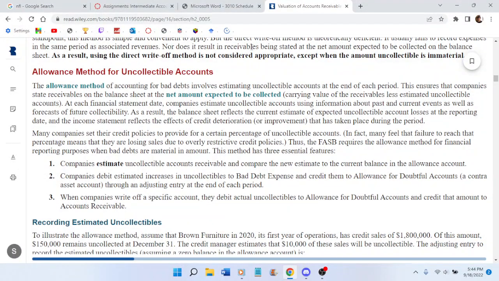Yes, I remember doing that. They basically just estimate how much they will not be able to collect. Estimate uncollectible accounts at the end of each period. This ensures that they state receivables on the balance sheet at the net amount expected to be collected.